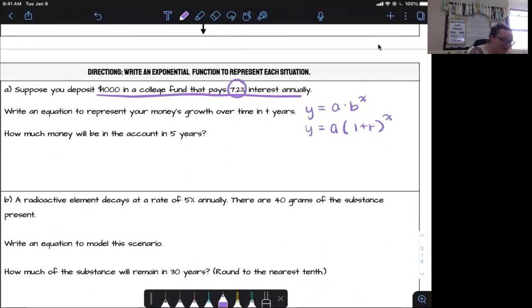So that 7.2%, we are plugging in a percentage. We need to change it to a decimal. So 7.2% would be the same thing as 0.072. You've got to move that decimal place twice to the left. Okay.